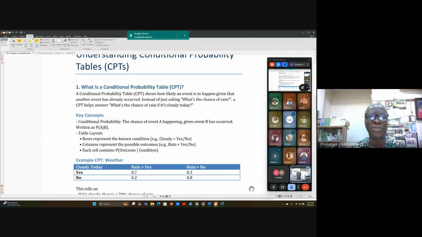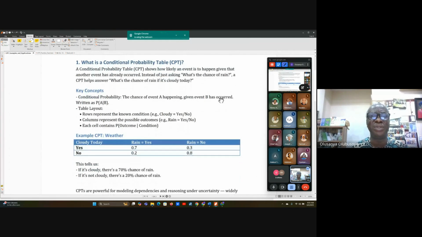And I want us to see how it is now discussed. So you have 0.7, which could be translated as saying if it's cloudy, then in other words, here it is yes.